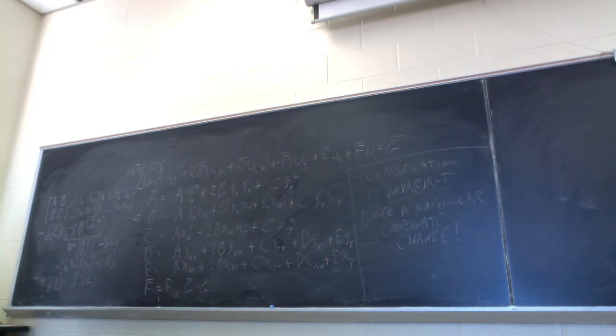But that's why you need to know the type up front so that you can do the proper transformation. Because if you have a hyperbolic PDE and you try to transform it into a parabolic canonical form, you can't. Something will go wrong.